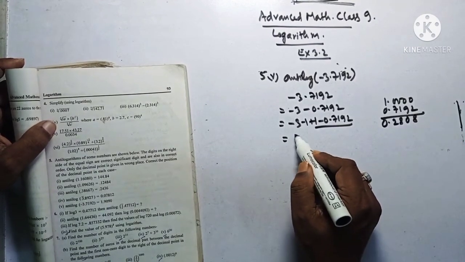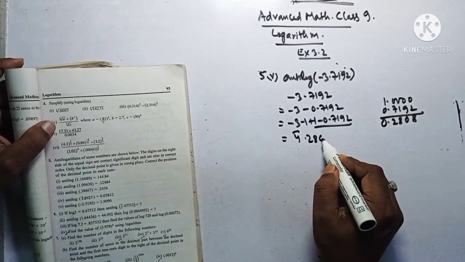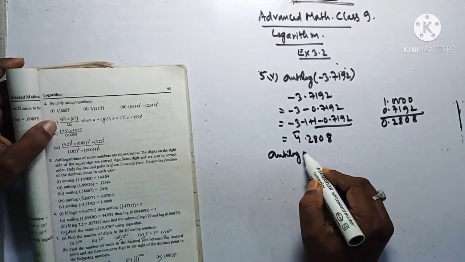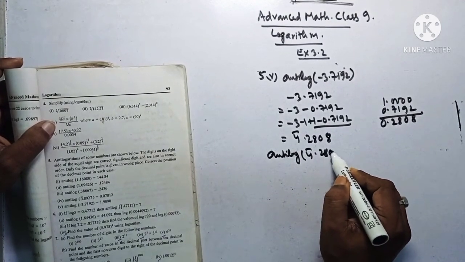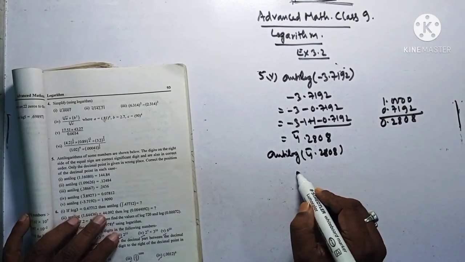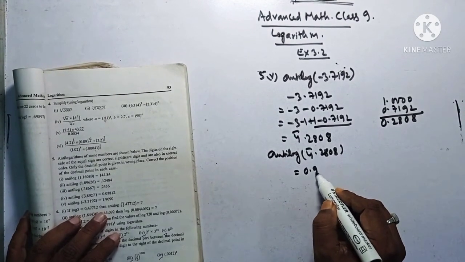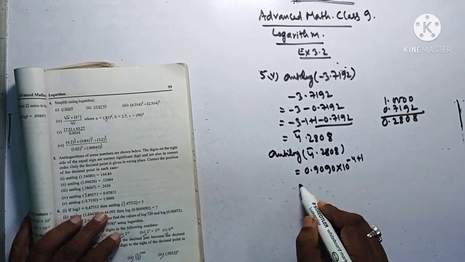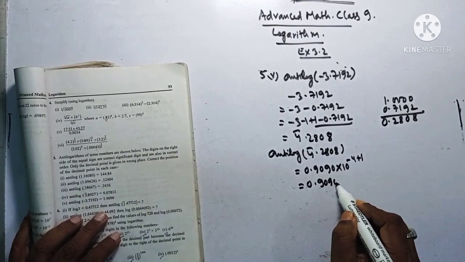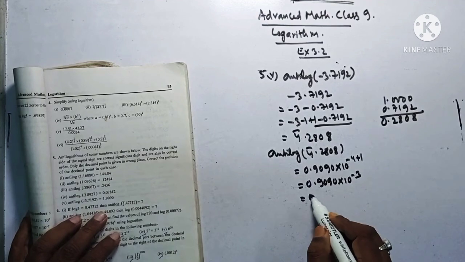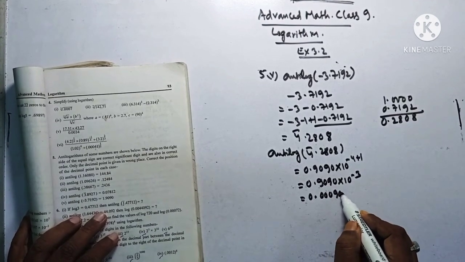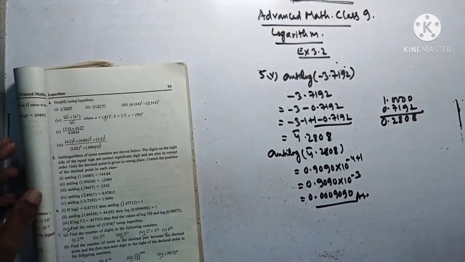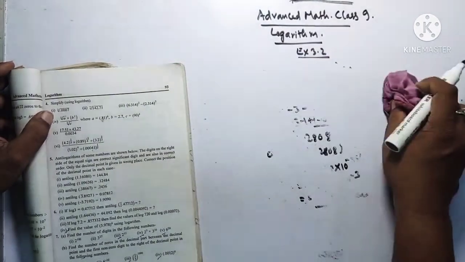So this is 4 bar 0.2808. So here your anti-log will be 4 bar 0.2808, and this they have got, that is 0.9090 into 10 to the power of minus 4 plus 1. So this will be 0.9090 into 10 to the power of minus 3. So this will be 0.0009090. This must be your answer. So let me check it. The answer is correct. Now I am going to question number 6. See question number 6.